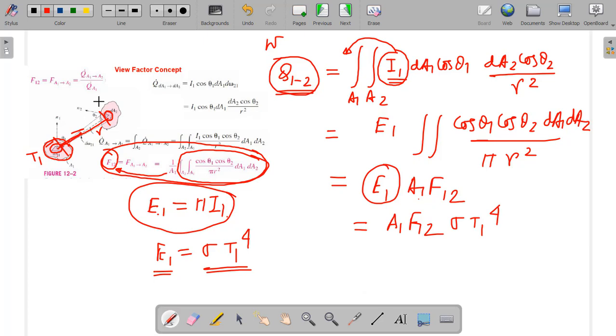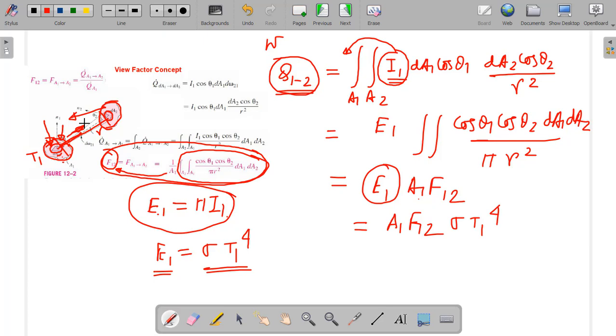Since this particular surface 2 may emit something, maybe some energy is emitting, and that will definitely fall on the surface A1, but out of that everything will be absorbed, nothing is going to reflect.